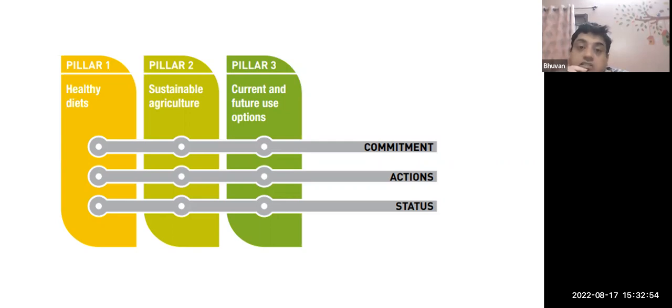And next is how the current and future use options are manifested. In that scale also, the agrobiodiversity must be conserved. So these are the three pillars of the agrobiodiversity conservation index, and these points must be taken into the commitment and also the actions and also the status. So how the biodiversity must be conserved must be evaluated in terms of these three pillars, and also these should be manifested in the commitment, action and status.